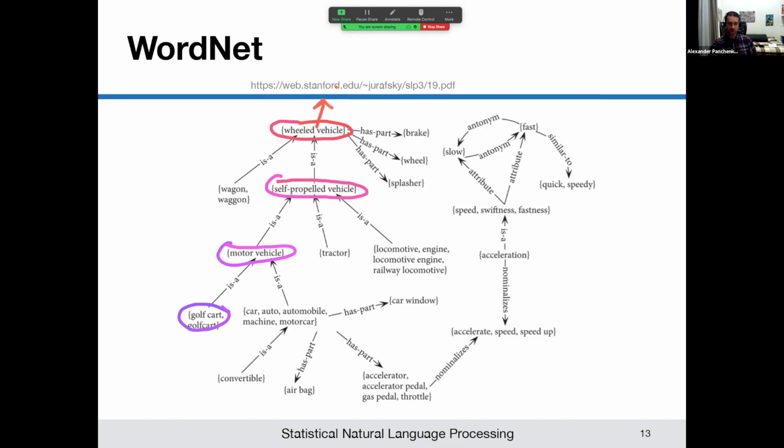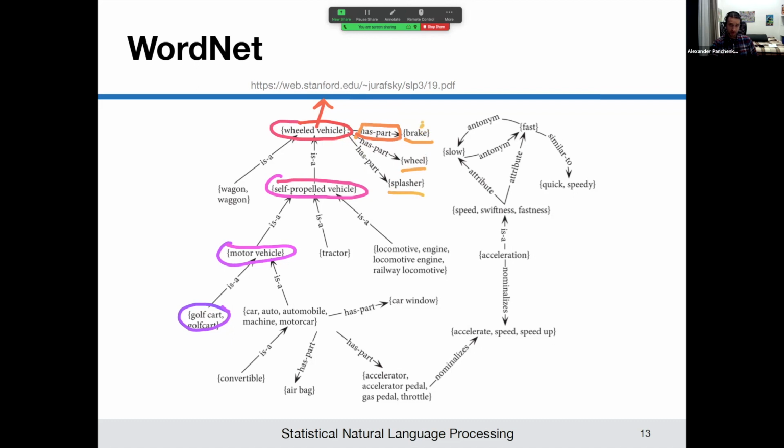A wheeled vehicle is maybe something like an object or vehicle, and again you can represent the semantics of different words through these relations. And what is important is that often in this kind of graphs, relations can be of different types. Let's say a wheeled vehicle has a brake, and then a wheel, and then a splasher.